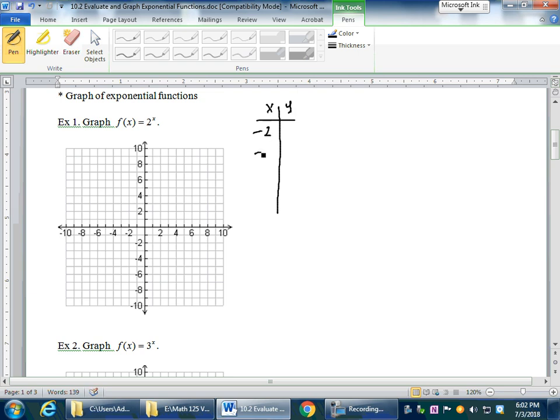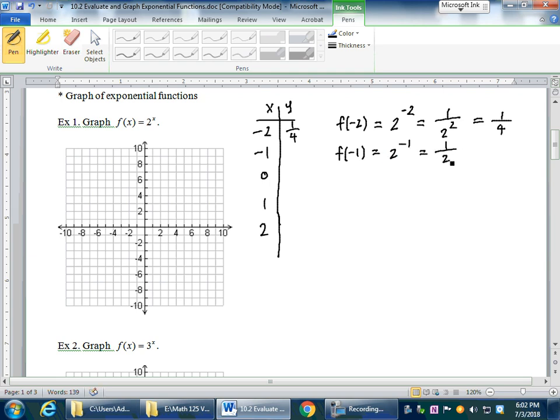Plotting -2, -1, 0, 1, 2. If I plug in -2, that's f of -2, which tells me 2 to the -2 power. To compute a -2 power, I need to change it into a positive exponent by reciprocating it, and that will become 1/4. Similarly, -1 becomes 2 to the -1 power, which is 1 over 2 to the 1 power, which is 1/2. f of 0 is 2 to the 0 power.